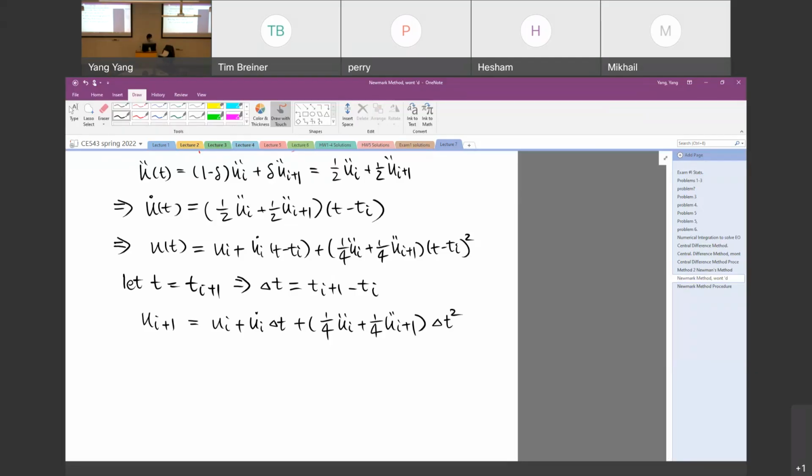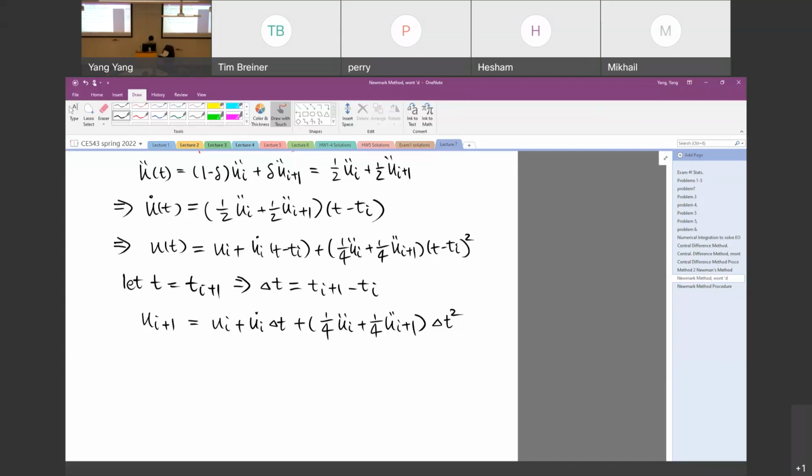So if we let t equal t i plus 1, we should be able to find the relationship between the displacement and acceleration at time t i plus 1 and the time t i here.